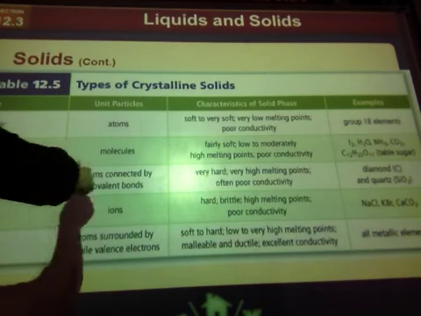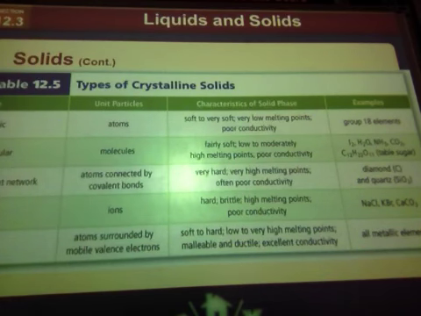So a molecular crystalline solid is fairly soft, it's a poor conductor, and it has a pretty low to moderately high melting point. Versus a covalent network is very hard, has very high melting points, and often has poor conductivity.